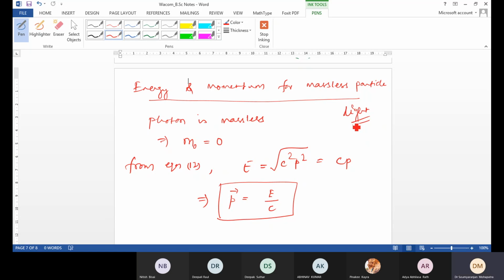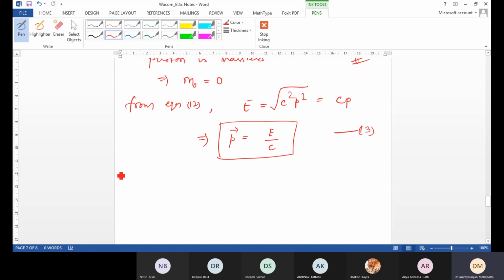So from this concept, equation number 13, he gives the mass energy equivalence, which you know already. This mass energy equivalence concept is also well accepted in particle as well as nuclear physics, because whenever a nucleus disintegrates, nuclear fission takes place.